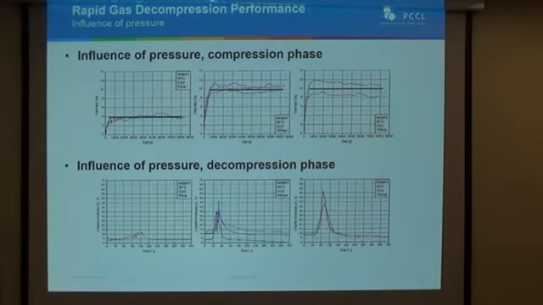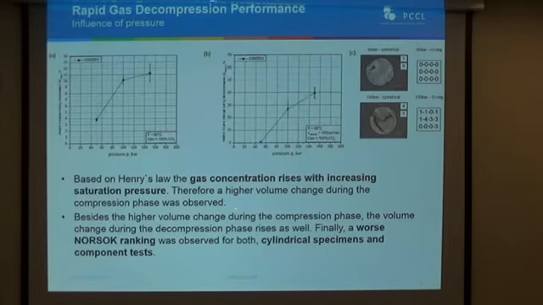We see the same tendency during the depressurization phase, and this was also a result we expected, because when we raise the pressure, the volume should also rise, because the gas concentration rises due to the increasing saturation pressure. When we have more gas in the material, the volume can increase higher during the depressurization.